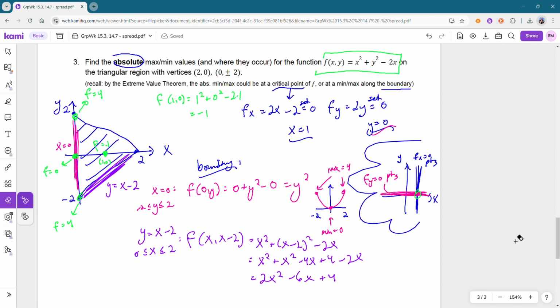And this thing could be either minned or maxed at a critical point or on a boundary point, and that could be either at x equals 0, we already know what's happening there, or here at x equals 2, which is a new point for us. And so we should plug that in.